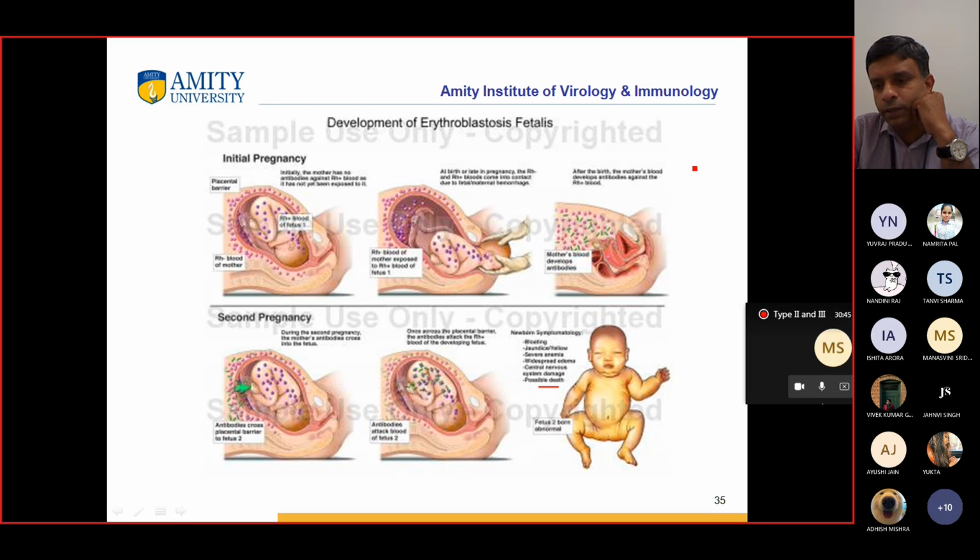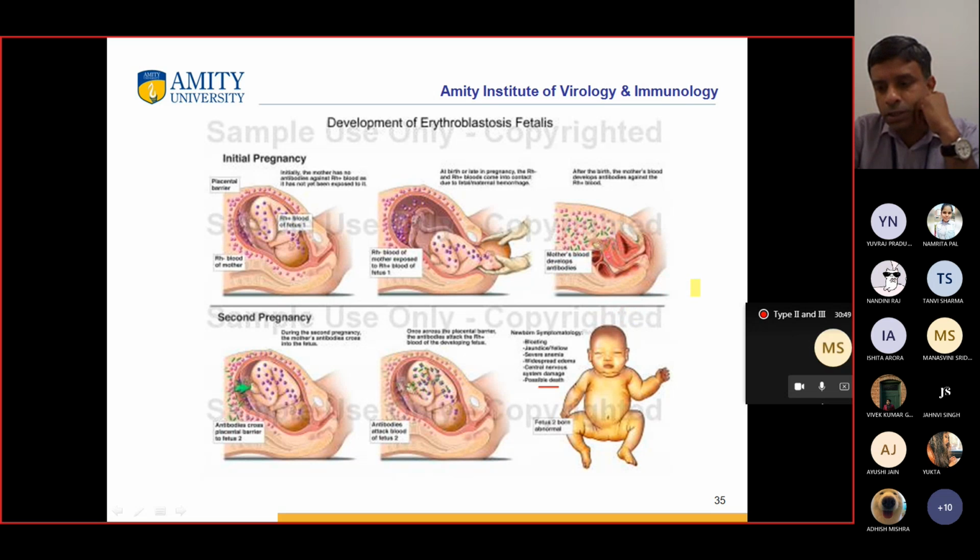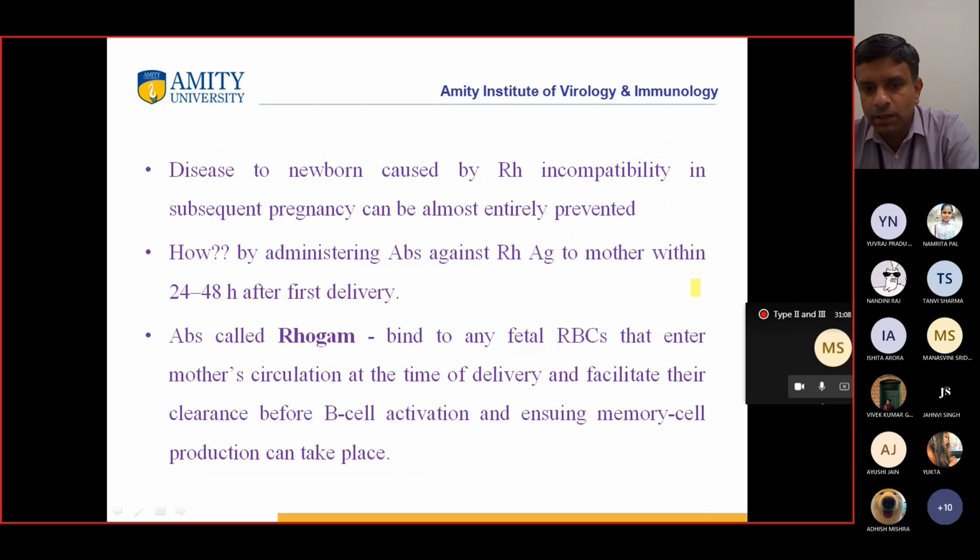So this is your type 2 hypersensitivity reaction. But the good thing is, we can prevent such issues, right? For that, again, you need to have a good understanding of the immune system, and with the help of monoclonal antibodies, you can prevent this problem. Now let's see how we can prevent it.